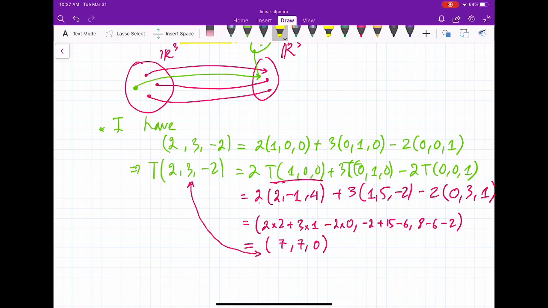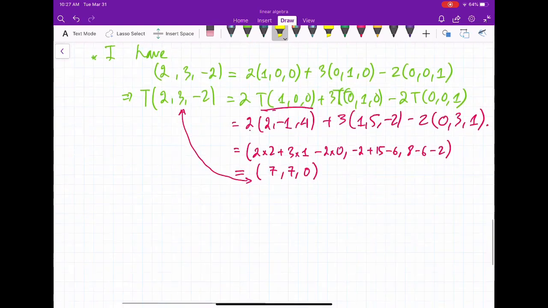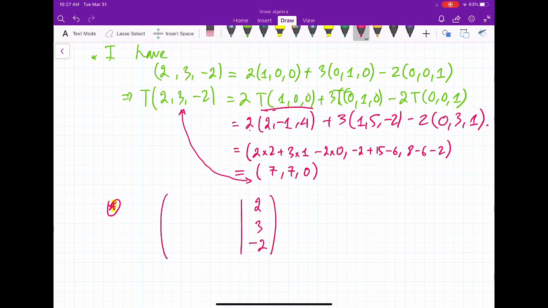And now, let's look at this problem from the point of view of matrices. The first step I need to do is express the vector (2, 3, -2) as a linear combination of the previous vectors. So I write those vectors in column form.